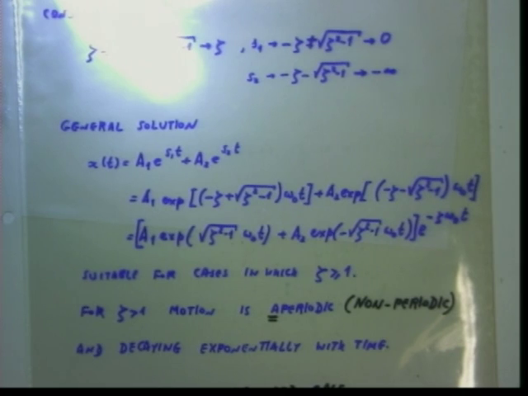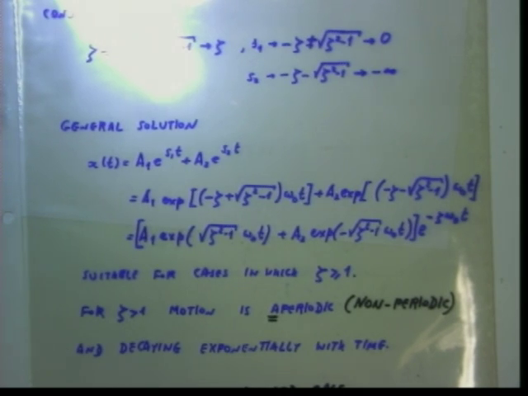I wrote down these expressions explicitly: A1 times the exponent of minus zeta plus square root of zeta square minus 1, omega 0 t, and then A2 with minus sign.